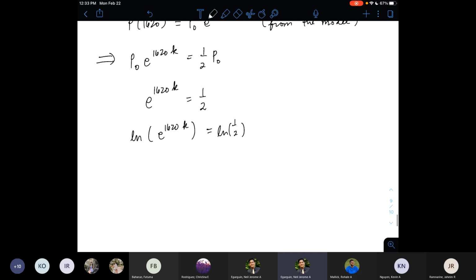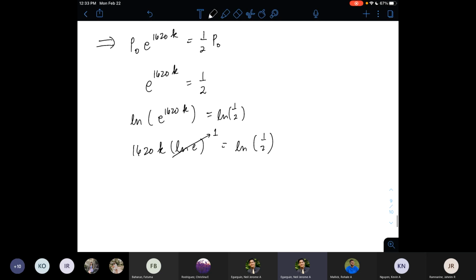Okay. And then the exponent will be going down as a coefficient. Supposedly, you'll have ln e here, but ln of e is just equal to 1. So that will be gone in the next step, right? And then I will divide both sides by 1620. So we'll get k equals ln of 1/2 over 1620.